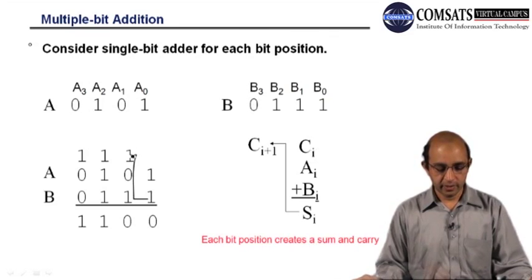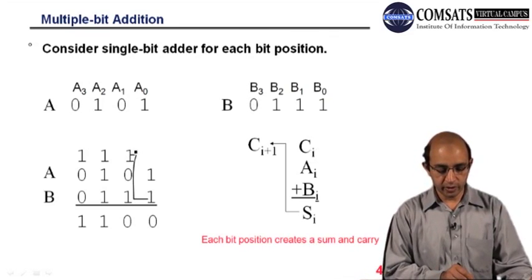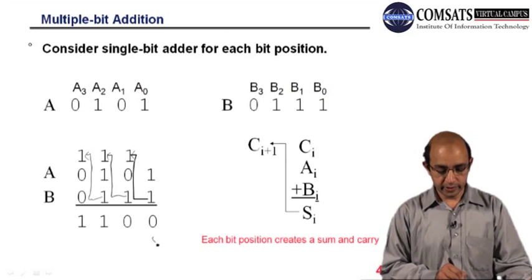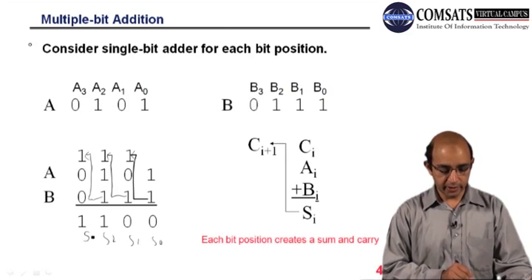Again 1 1 and the carry will move here, and then 1 1 and again the carry will move here. So we will have the sum, S0, S1, S2 and S3.